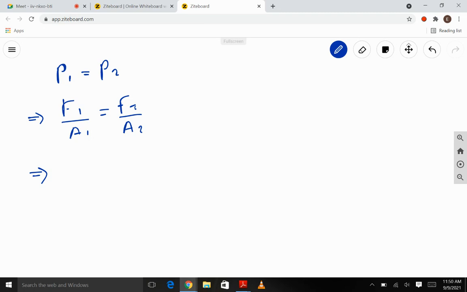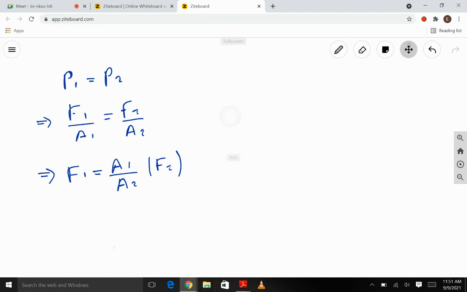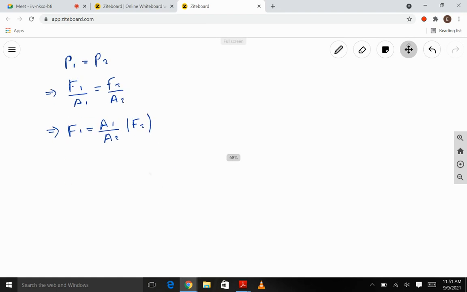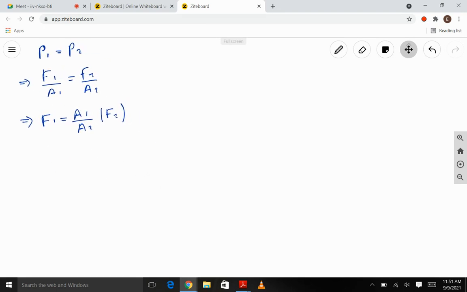So this basically means F2 is what we are trying to carry, so it's that 13,300 newtons. So we make F1 the subject of the formula: F1 equals A1 over A2 times F2, right? Now we've got radii in this question, so we want to change our equation further to accommodate that.